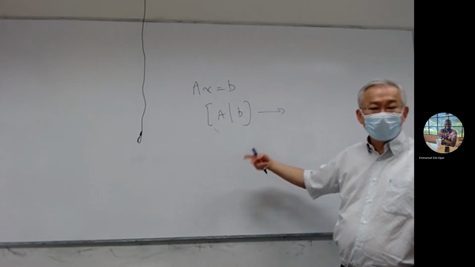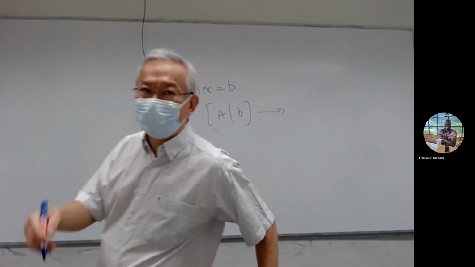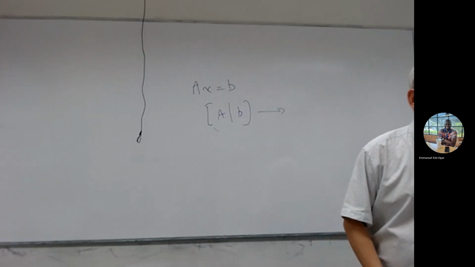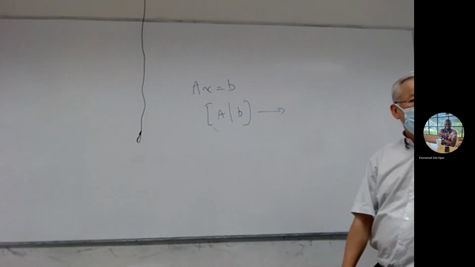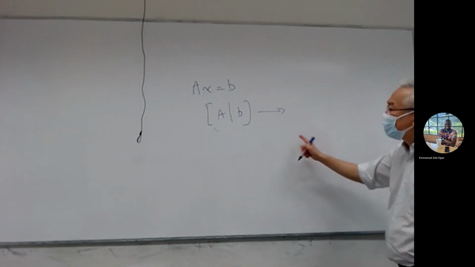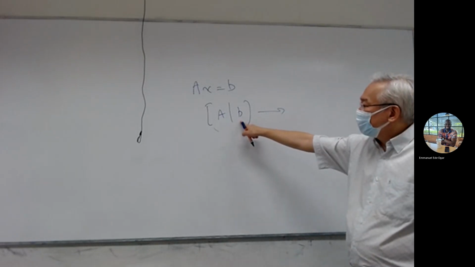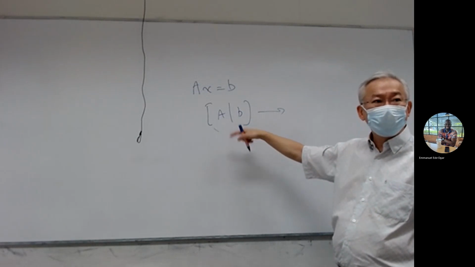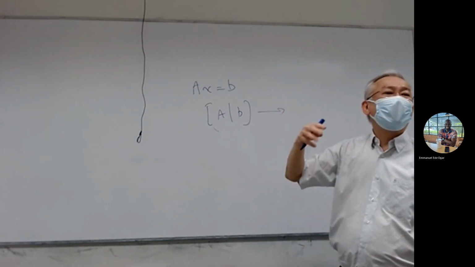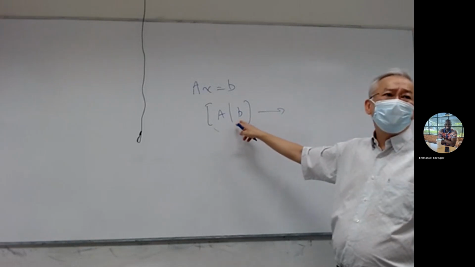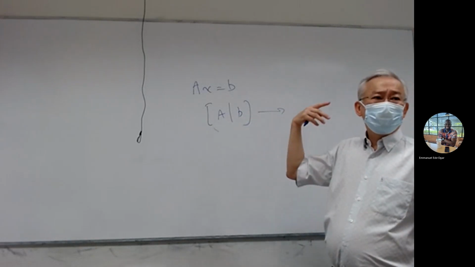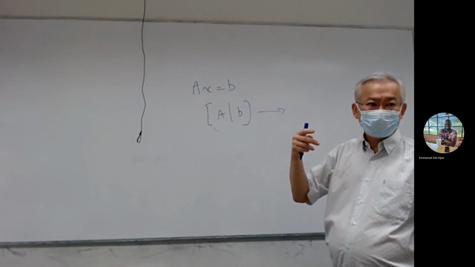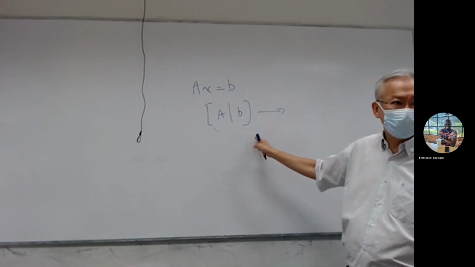That process takes a number of flops in the order of n cubed. So if we have to solve this equation for many vectors b, each time we change the b vector, we have to redo the row operations. This is obvious.